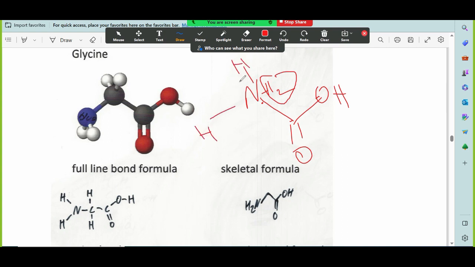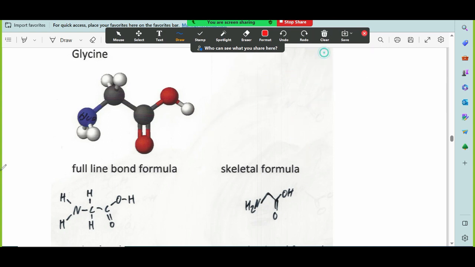You can't just write the N and drop the H, because the H is only implicit when we have a carbon. By the way, this is wrong. I'll repeat it. We have a C, we have another C. They are connected. Then we have here OH, and this C is connected to the NH2.